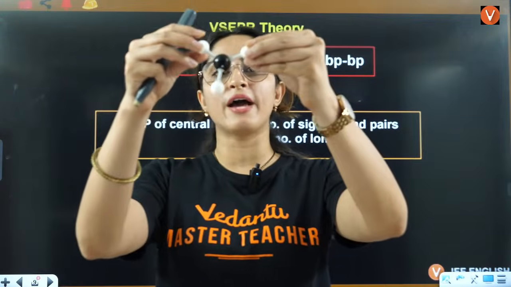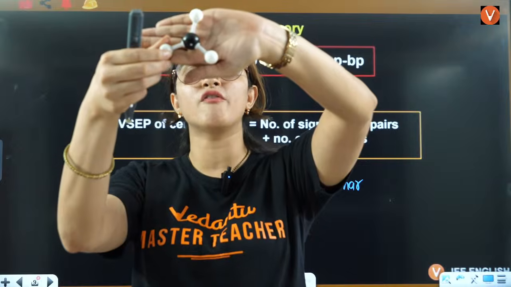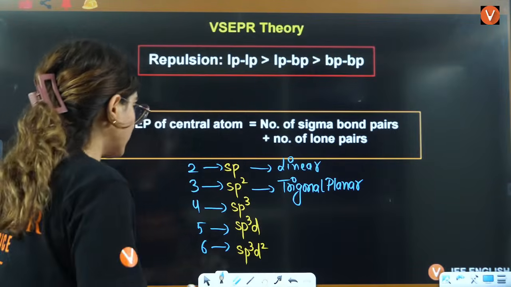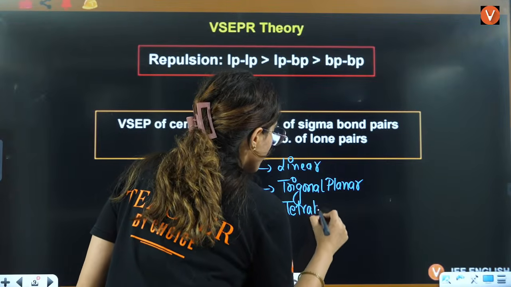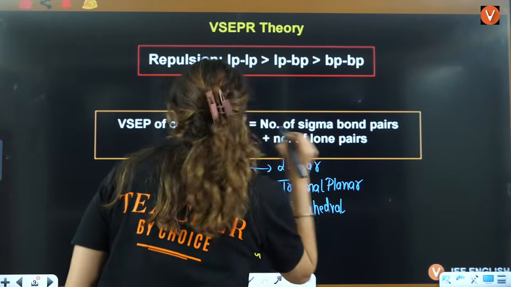This is your trigonal planar. In a plane, you have a triangle, that is trigonal planar, right? Then you have tetrahedral. How do you define tetrahedral?